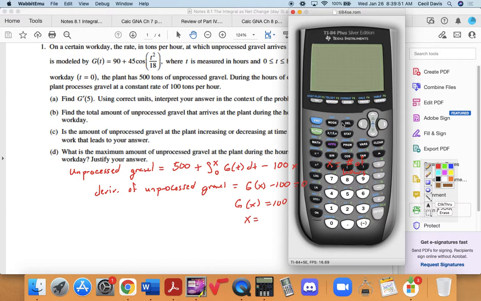At this point, I am going to go ahead and graph my y equals. And we notice that it starts at 90, it's going to go up to 135 and go down to 45. So for my window, I want to go from 0 to 8, because that's the time limit. And I'm only going to go, say, negative 10 to a height of 150 or so, so I have plenty of space. And I don't know, I'll scale it by 20.